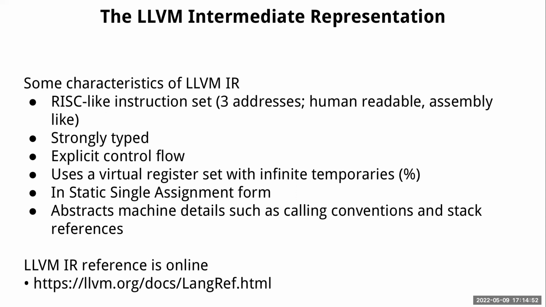It's a RISC-like instruction set, kind of like ARM, not very much like x86. x86 is a complex instruction set, but RISC is a reduced instruction set. There are three addresses in those instructions.